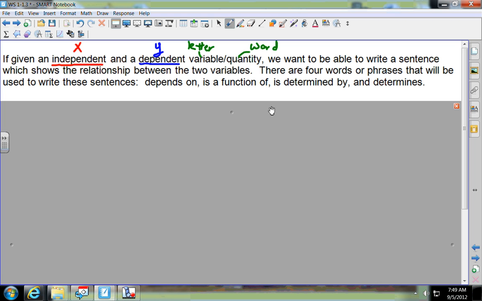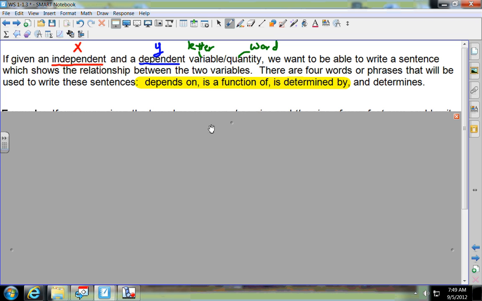We want to be able to write a sentence which shows the relationship between two variables. There are 4 words or phrases that will be used to write these sentences. So here we go. We got depends on, function of, is determined by, and determines. Which 3 of those did we just say means the same? The first 3 do, yeah. So these right here all mean the same thing.